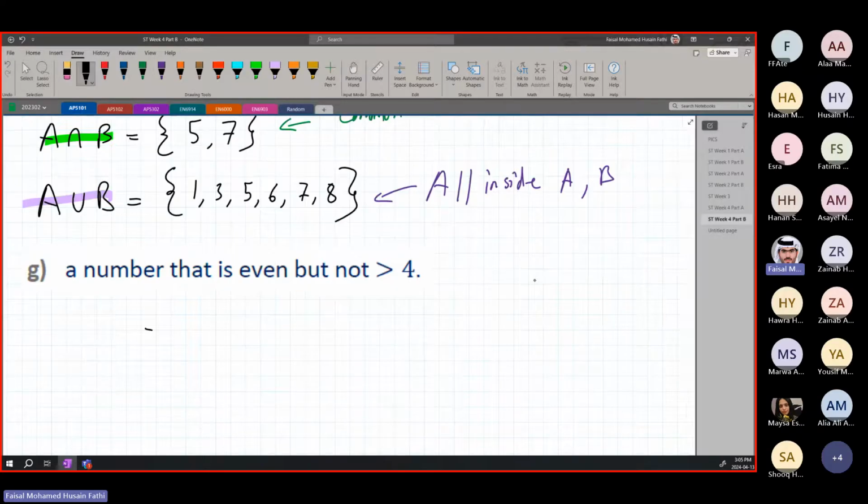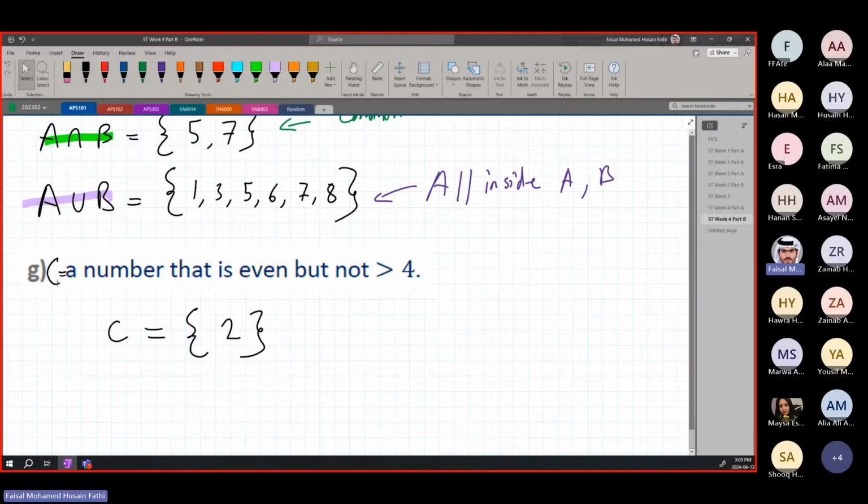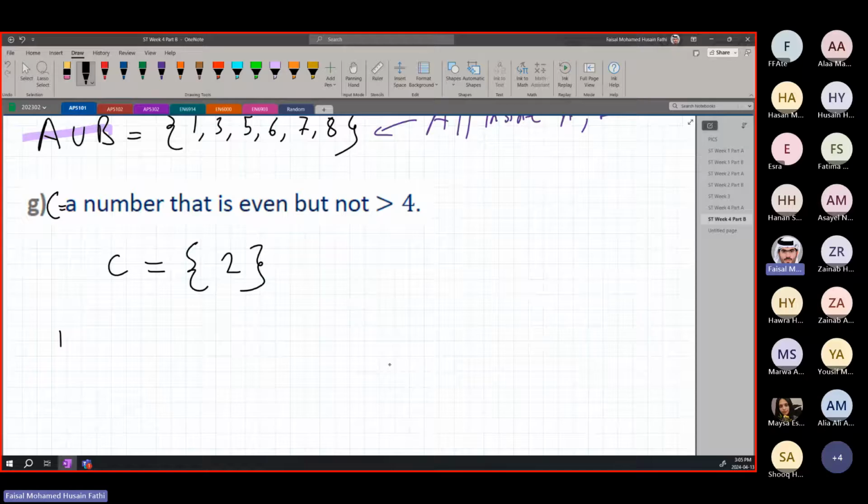So the answer to this is going to be 2. Let's call this C, for example, where C is a number that is even but not greater than 4. So we only have the number 2. The last question says, find the probability of A union B.